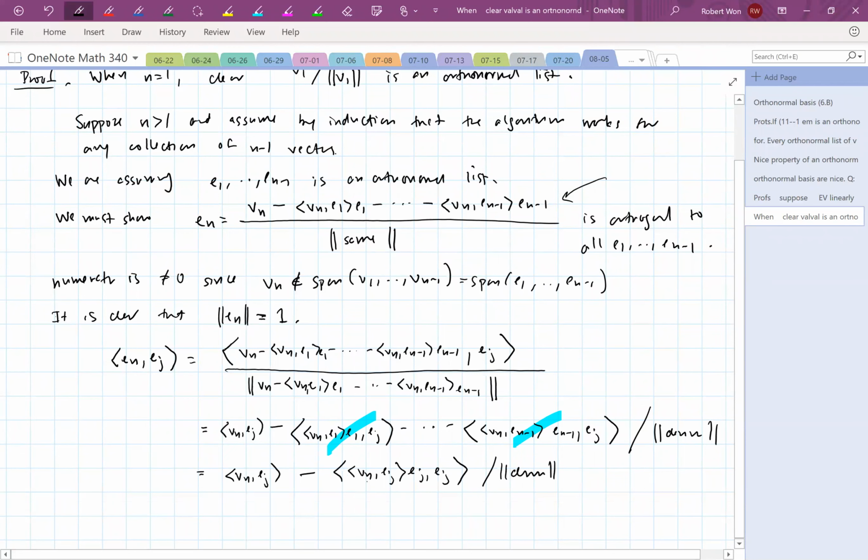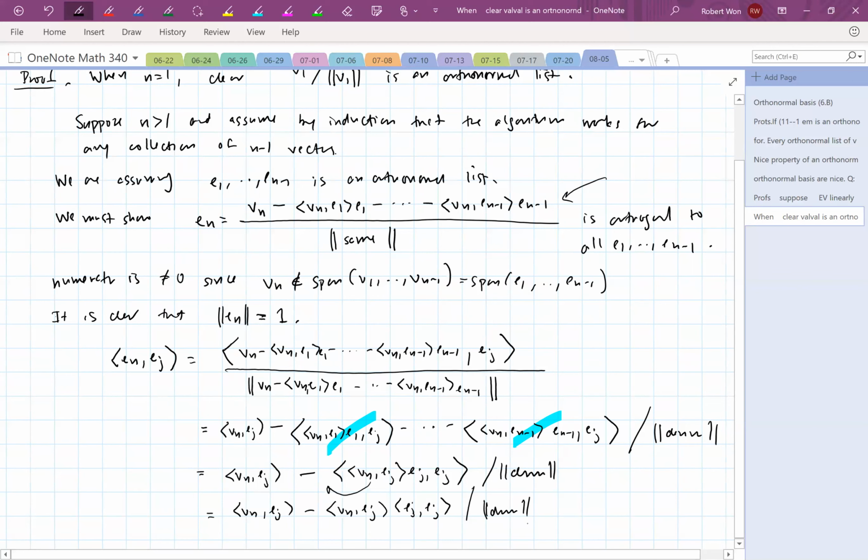But now you can pull this scalar out, and the inner product of ej with itself is just 1. Which means that here you get the inner product of vn with ej minus the inner product of vn with ej times the inner product of ej with ej, all of this divided by the denominator.